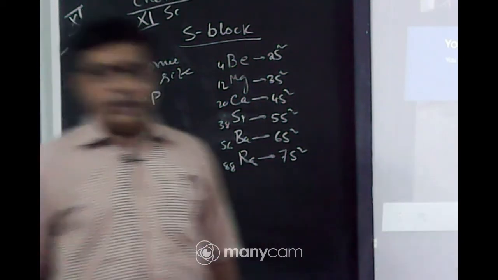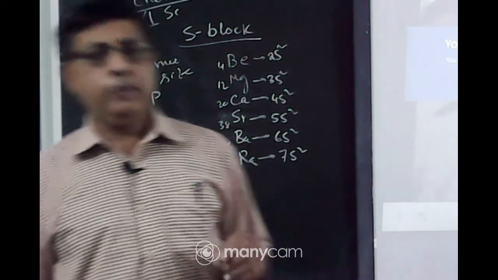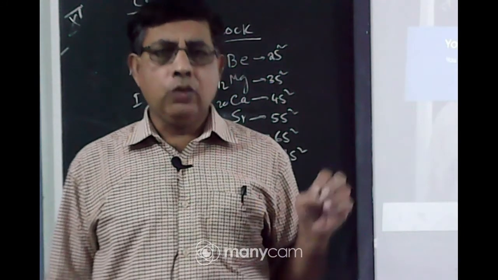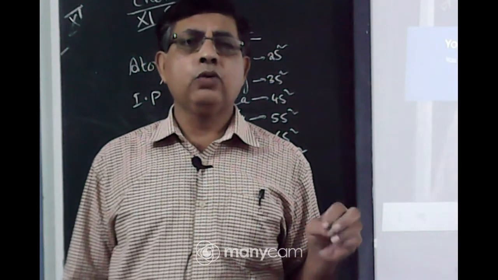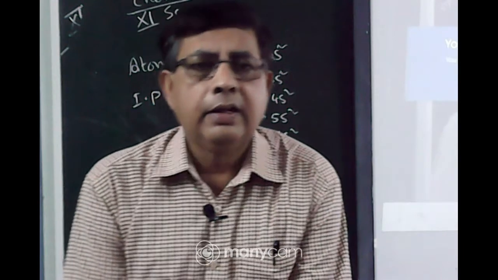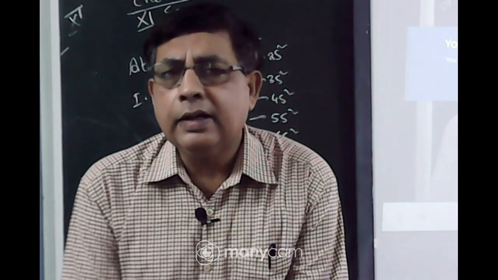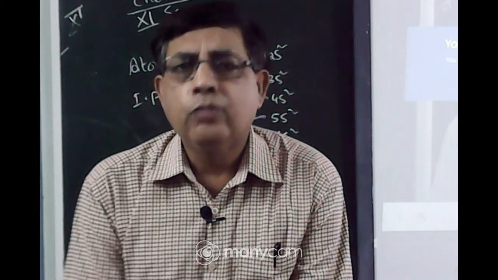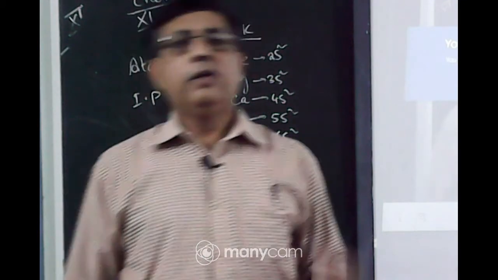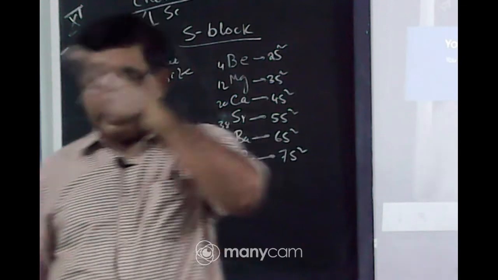Next, IP value, ionization potential value. Alkaline earth metals also have fairly low IP values. In a respective period, the lowest IP value is of group 1, the alkali metals, and then the alkaline earth metals. The IP value of alkaline earth metals is more than that of alkali metals. For example, the first IP of magnesium is greater than sodium.